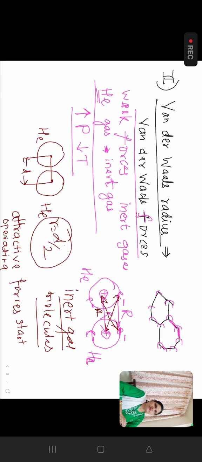When they come very close to each other, then repulsive forces start operating.